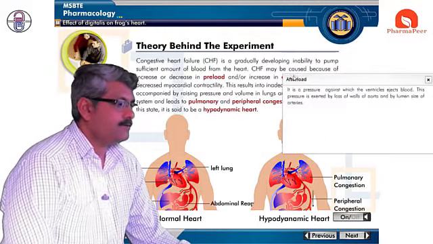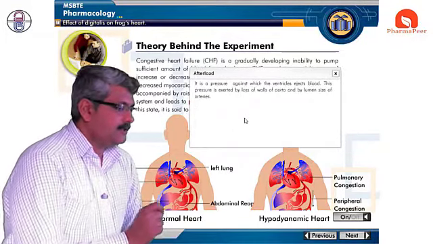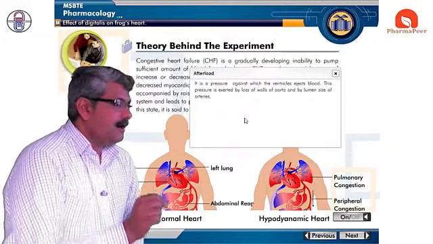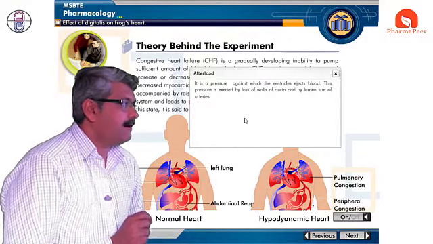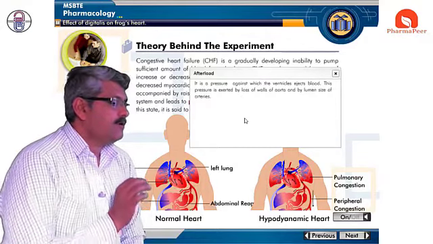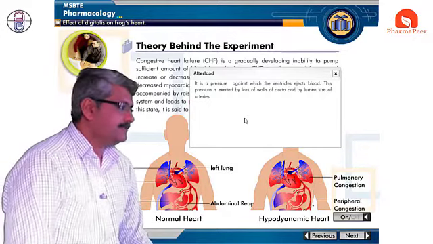And what do you mean by afterload? Afterload is the pressure against which the ventricles eject the blood, and this pressure is exerted by the wall of the aorta and the lumen size of the arteries.